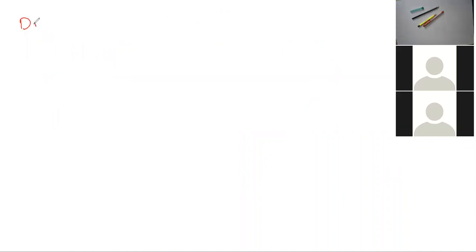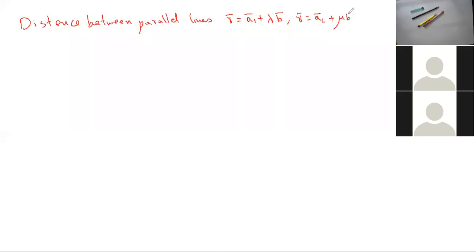Next, distance between parallel lines. R bar equal to A1 bar plus lambda B bar, and R bar equal to A2 bar plus mu B bar, where lambda, mu belong to real numbers.